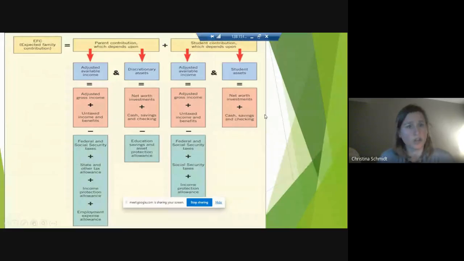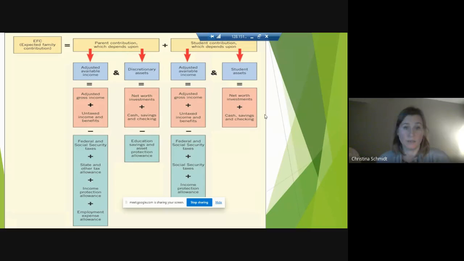Here's a little chart to show how the parent and student information is separated out, looking at both income and discretionary assets, and what is included in the income and assets.